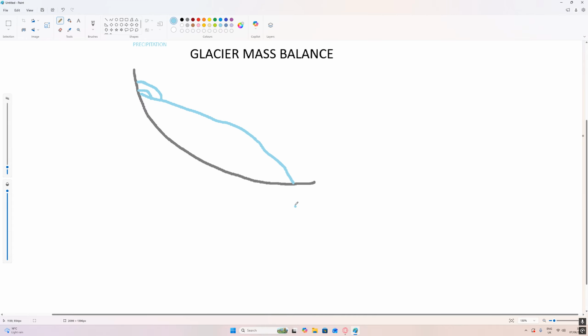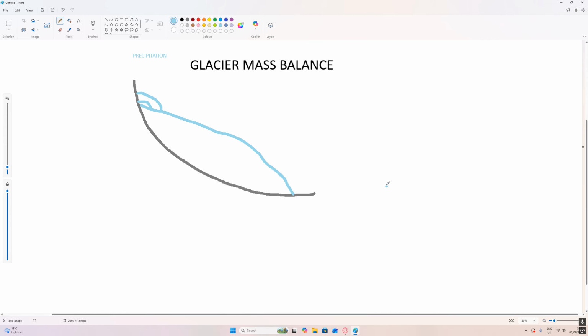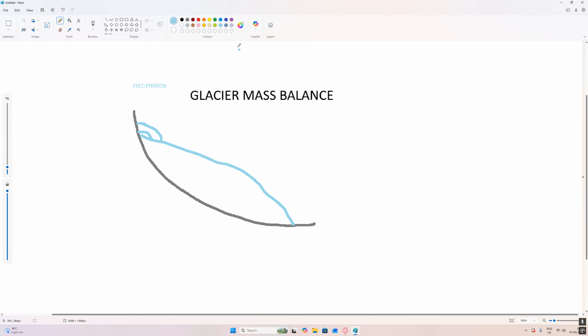Now down here at the snout of the glacier, or it's actually called a tongue if it extends onto open water, meltwater comes out because in lower altitudes it's warmer, and so the ice is able to melt at a faster rate or at a higher volume, and you get meltwater out at the bottom of the glacier.